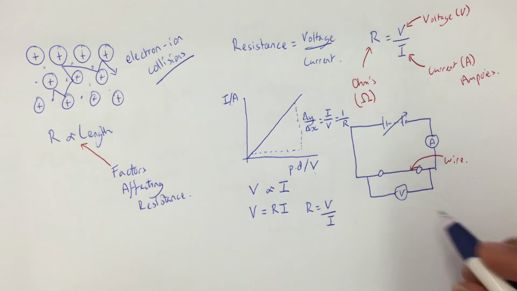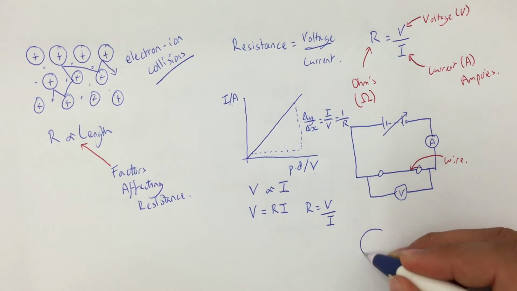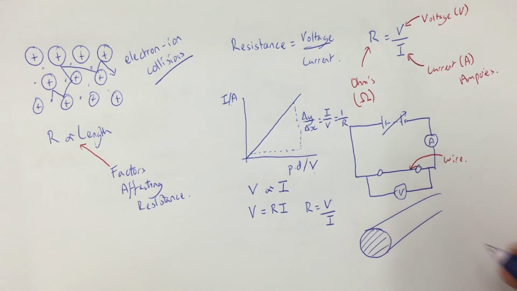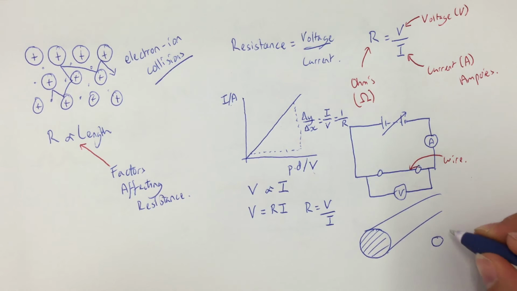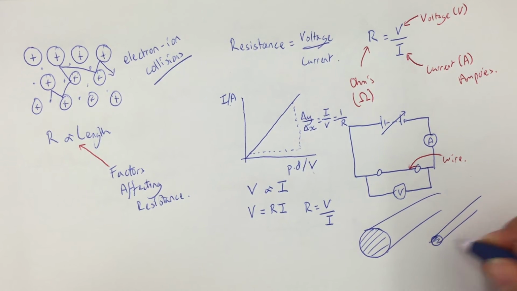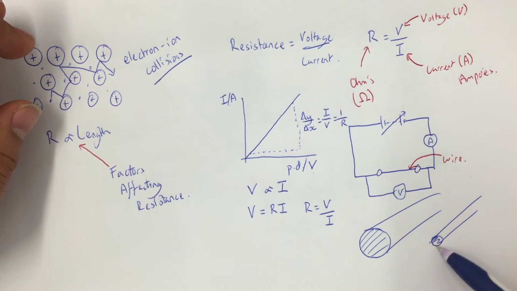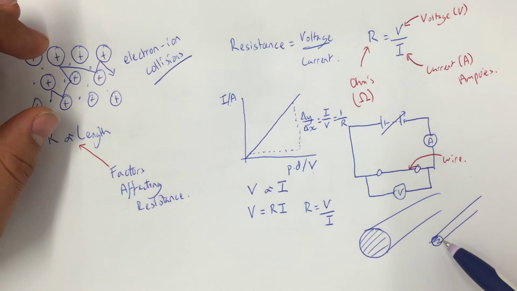Another thing I can think about with a wire, as well as its length, is its area, its thickness. And if I was to compare two wires, one thick, one thin, you can imagine that in this case, the electrons are not as able to move as freely.